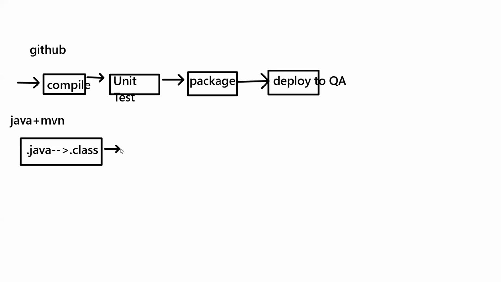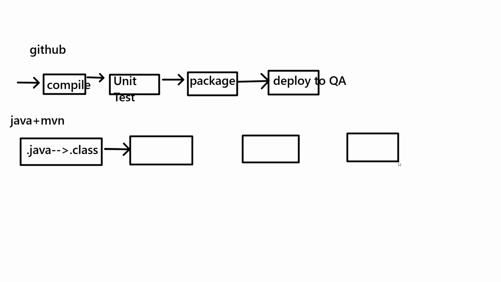Then what is meant by unit testing? Anyone from testing? What is unit testing? See, unit testing is the first or the fundamental level of testing, right? This is generally done by developers.